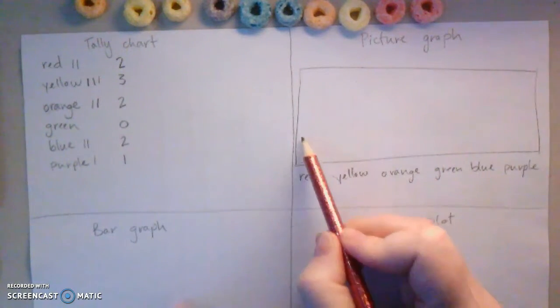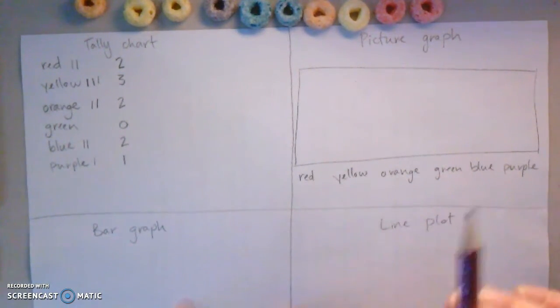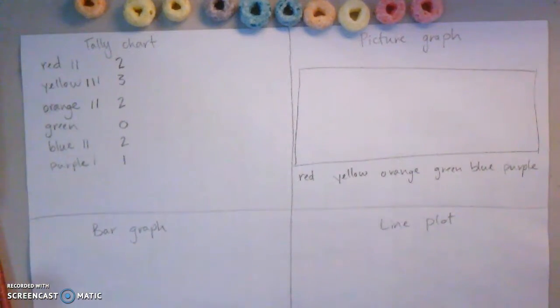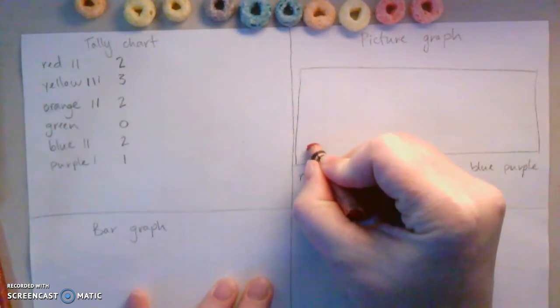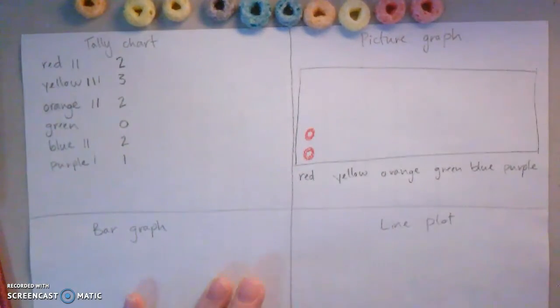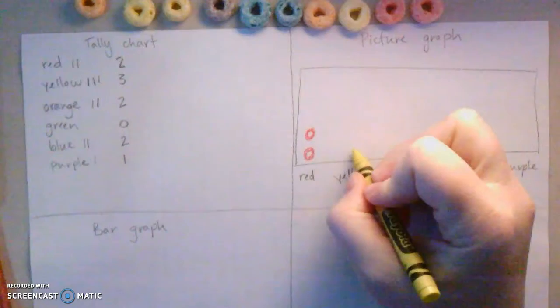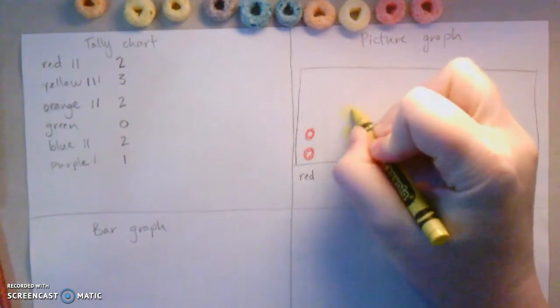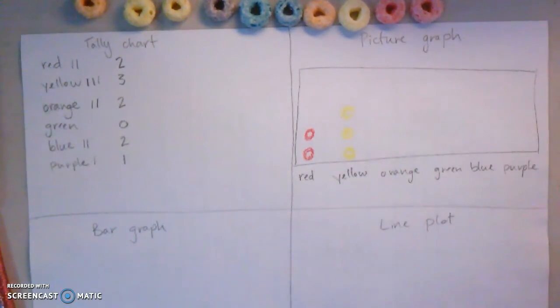Now remember, on a picture graph, you don't use numbers on it. So for my red, I'm going to draw my red Fruit Loops. I had 1 red Fruit Loop, 2 red Fruit Loops, and they look just like a Fruit Loop. The yellow, I have 3. So nice 2, 3 yellow Fruit Loops.